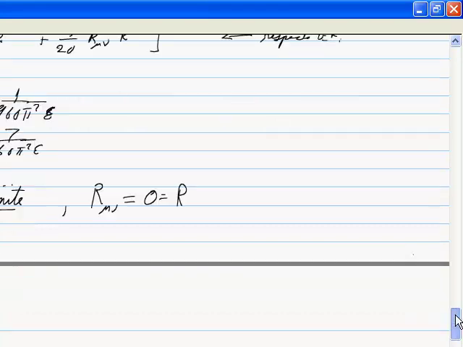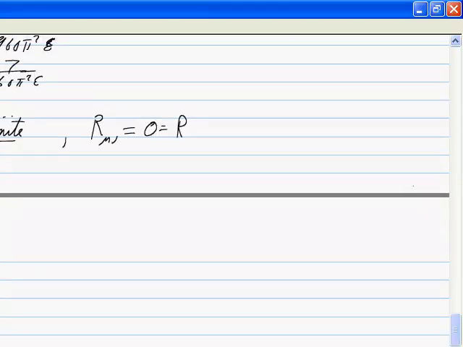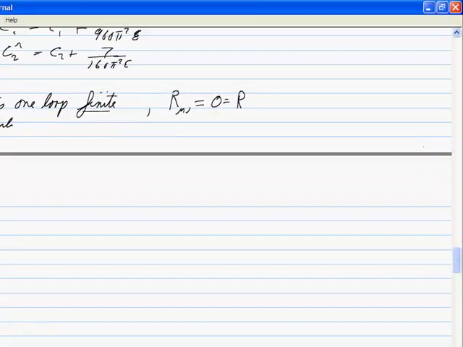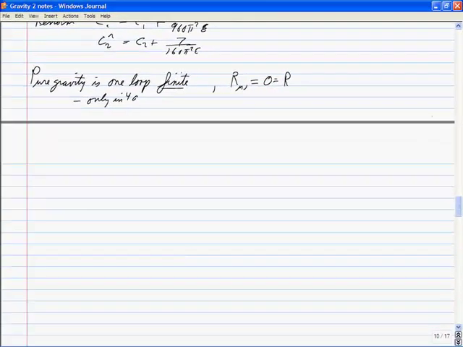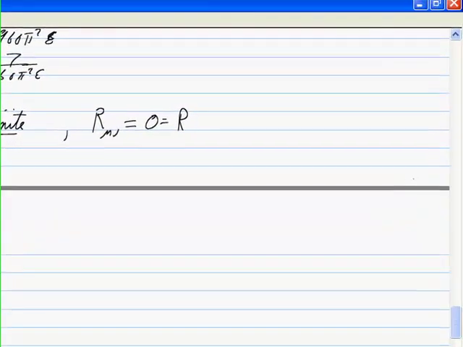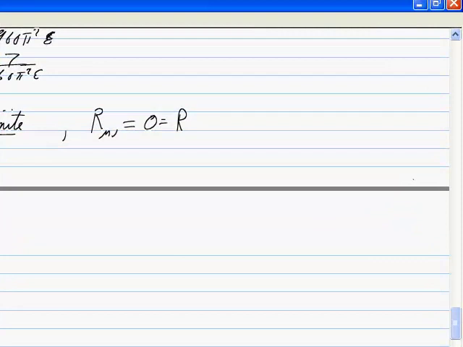It didn't have to work out that way. This is actually only in 4D. There's another invariant which we didn't write out, which is R mu nu alpha beta, R mu nu alpha beta, which doesn't vanish.